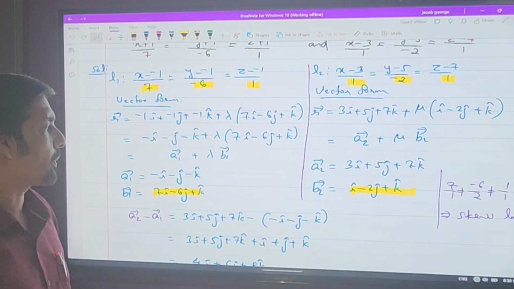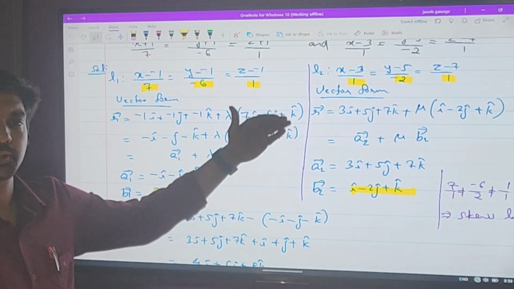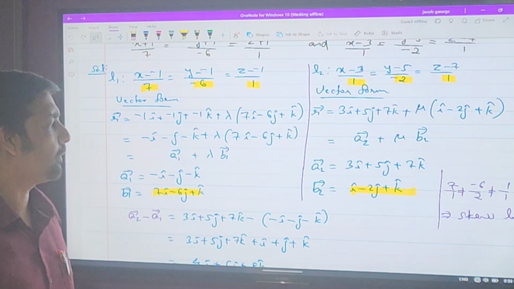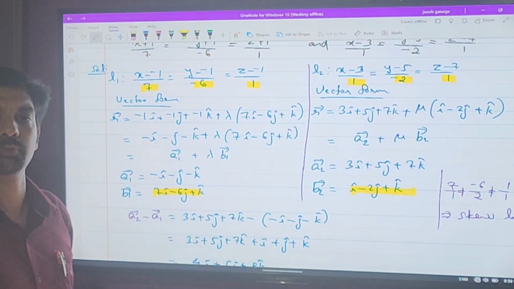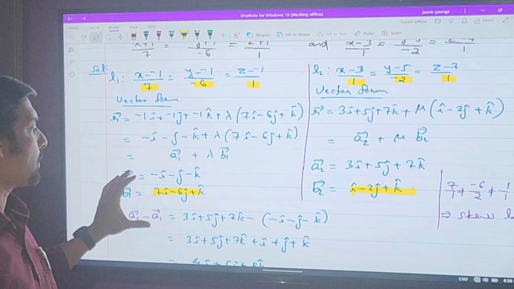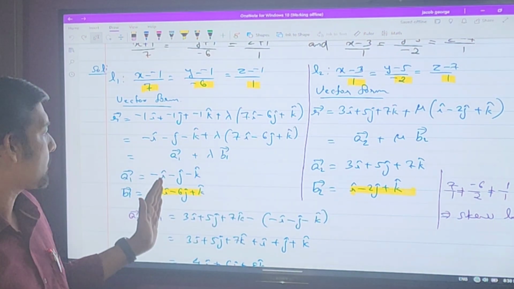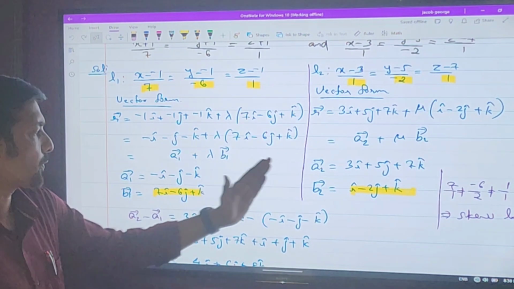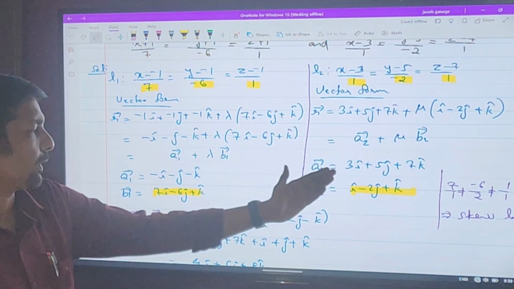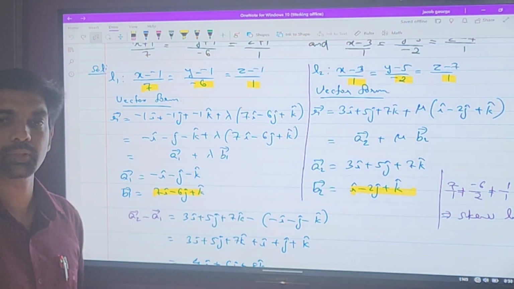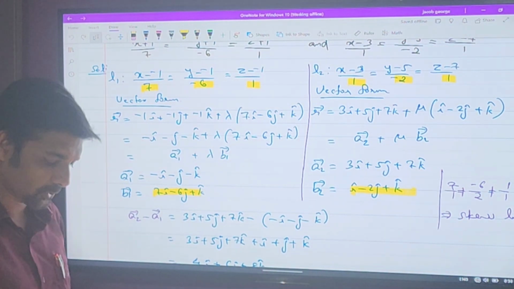So that is vector b1. The same way, the second one also can be written as vector a2 plus mu times vector b2. After getting all these, we have to check for skew lines. 7 by 1, minus 6 by minus 2, 1 by 1 form parallel vectors? They are different. So these are skew lines.